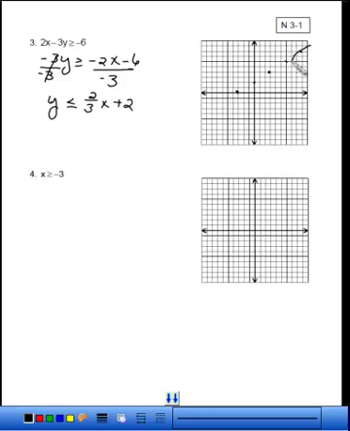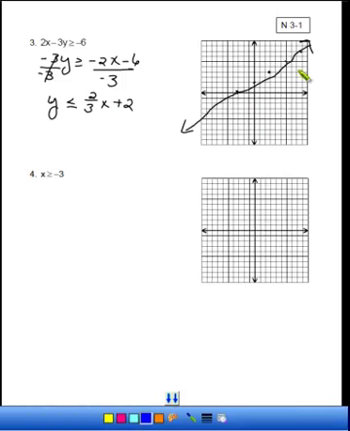So you draw your solid line, and mine will be curvy because I can't draw a straight line without a ruler. Now, which way do we shade? Y is below the line. That's one way to read that. The y's that are below the line are down here, so we're going to shade this part below the line.